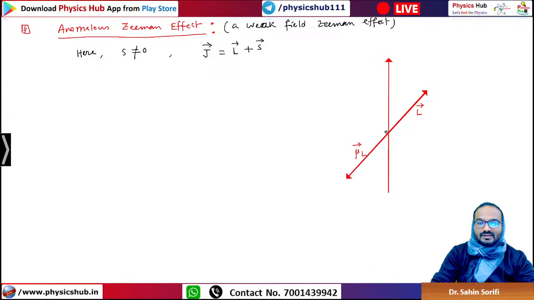But in this case, S is also there. Let's say this is the direction of B, z cap. L, now we have S as well. S is applying along this direction. So its resultant J will act along this direction. This is S and this will be the tip of L. Okay, I had to raise this a little bit.